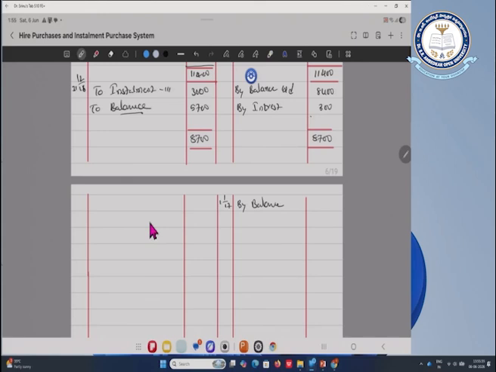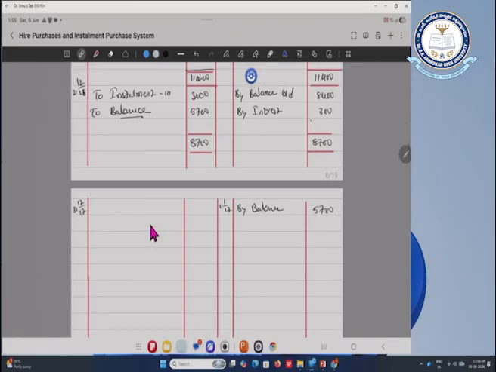How much? 5700. So, this is the year, again at the end of the year we are paying installment, that is the fourth installment 3000.